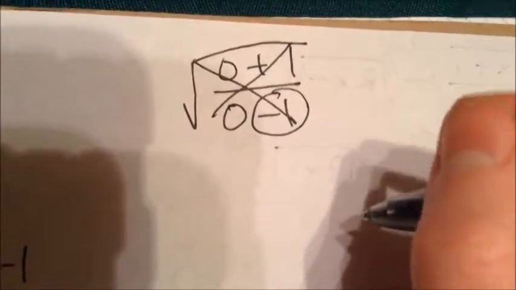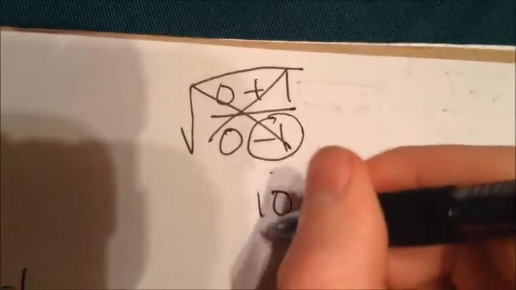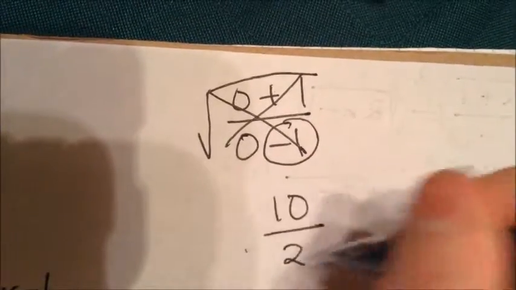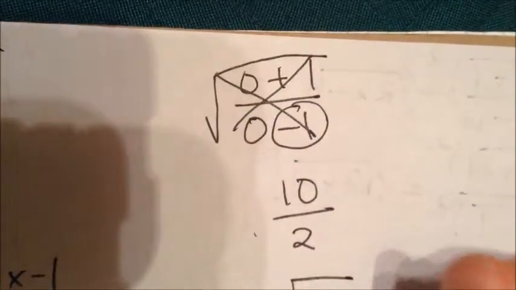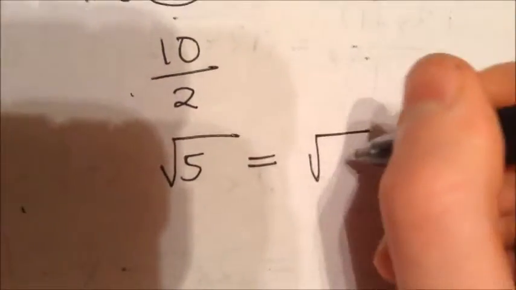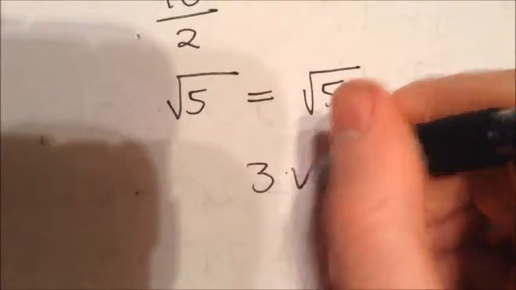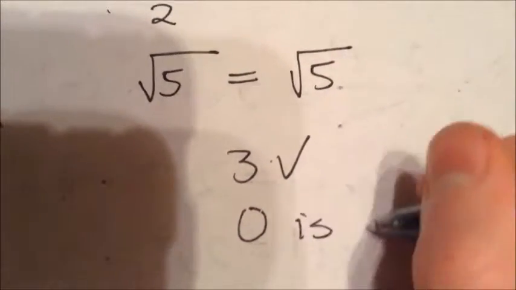So we get 10 over 2, which leaves us with 5. So square root 5 equals 6 minus 1, which is also 5. So 3 works. 0 is extraneous.